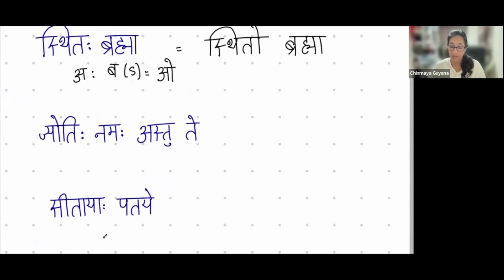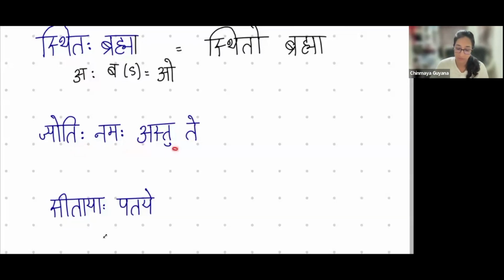Jyotihi namaha astu te. Now let us see what's happening here. We have two visargas. So 2 times we have to use the table.